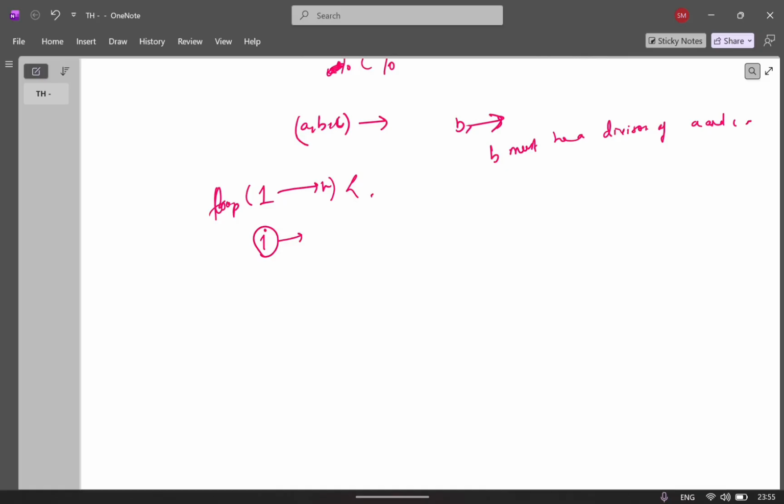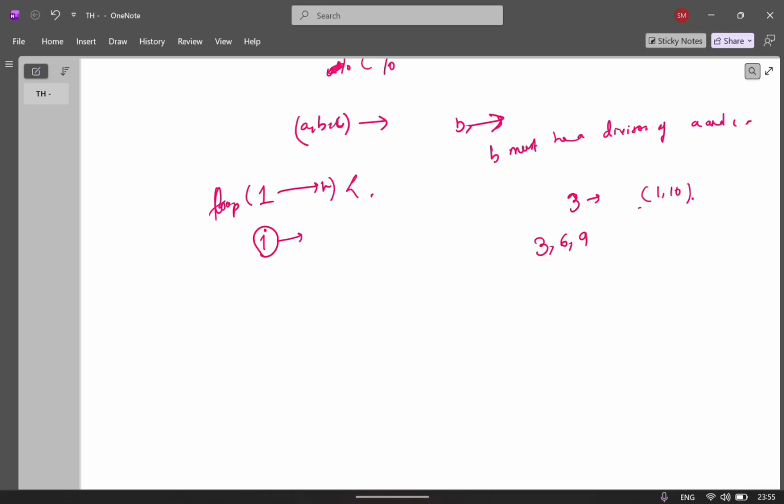So how do we find its multiples? If I ask you to find the multiples of 3 from 1 to 10, what is it? 3, 6, 9. It is simple.